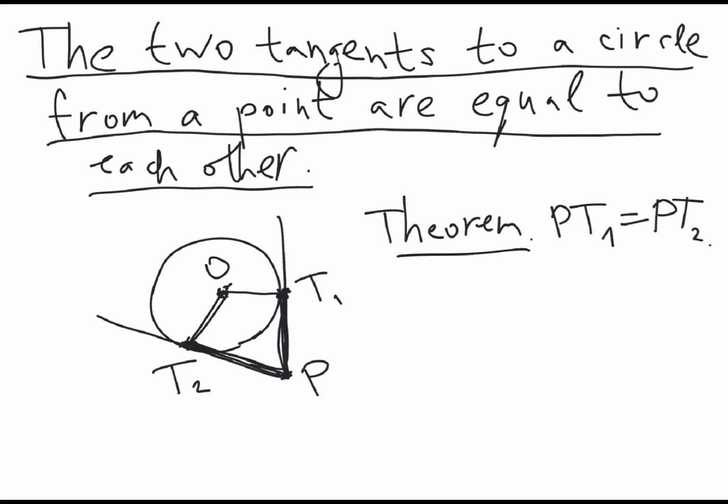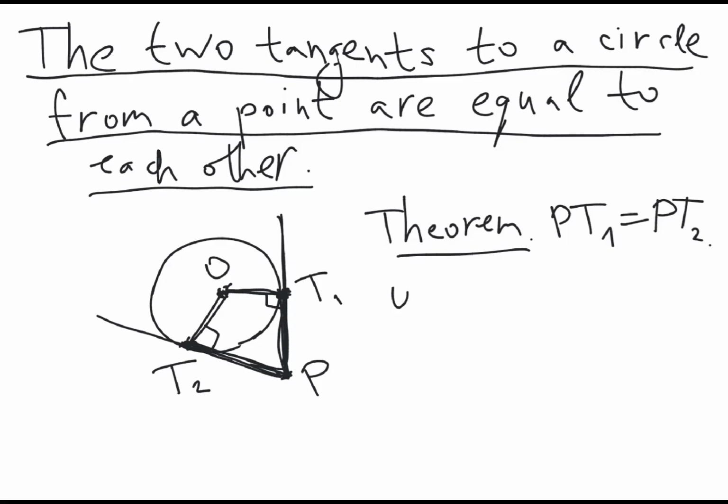So we know from another theorem that I proved in another video that the radius at the tangency point is perpendicular to the tangent. So we know that this is a right angle and this is a right angle.